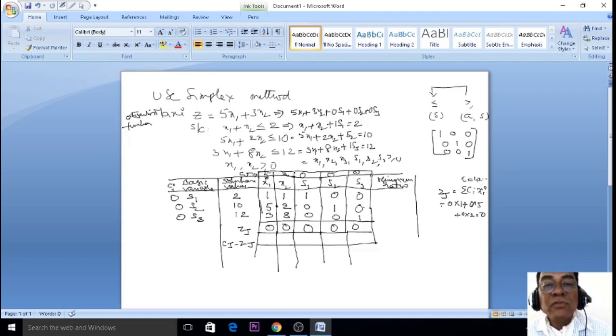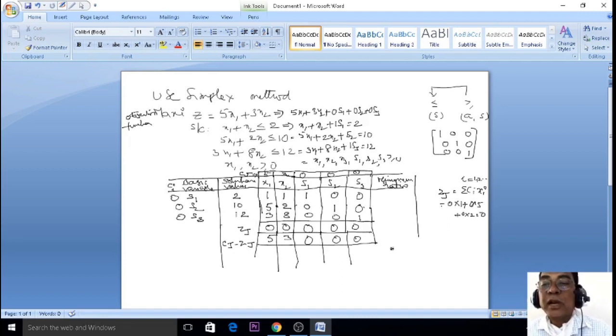So 5 minus 0, write down 5 here, 3 minus 0 is 3, 0 minus 0 is 0, and 0, 0. How do you get the value? Cj minus Zj: Cj is the top row value 5, Zj is equal to 0, so 5.